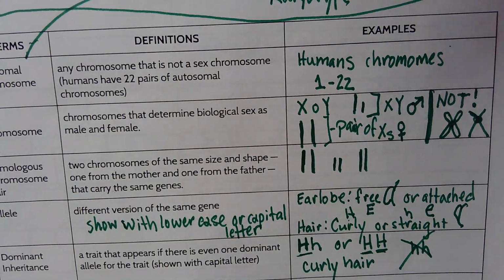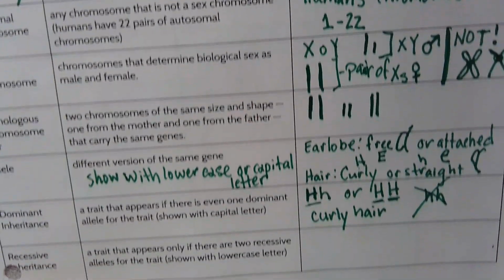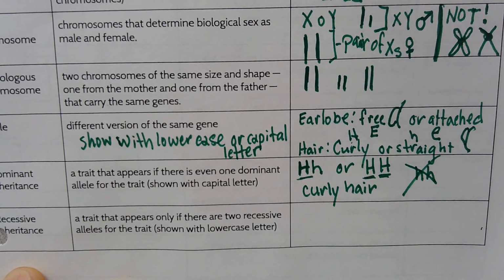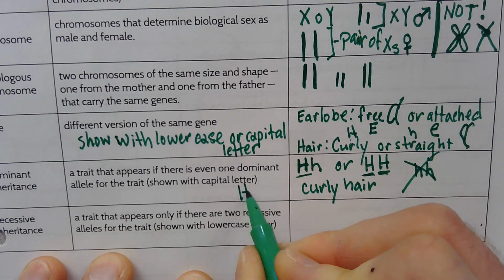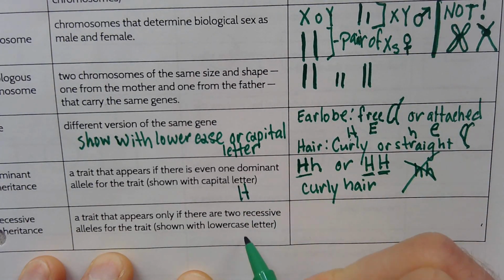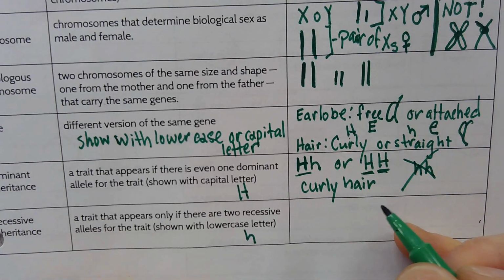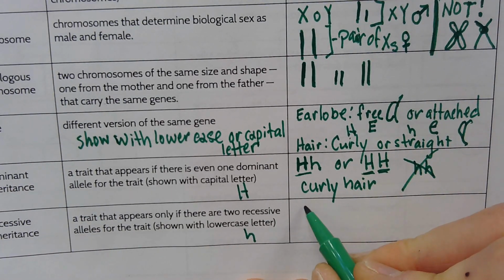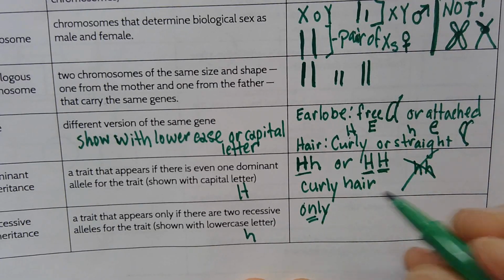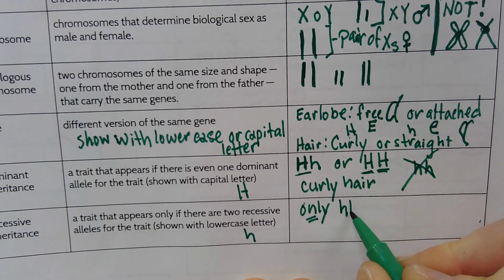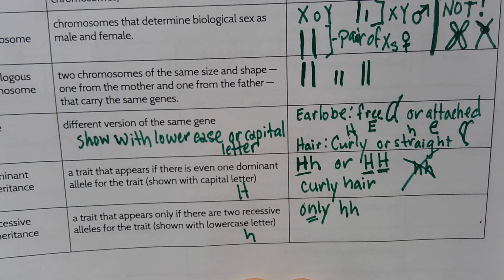All right, so recessive is kind of the opposite. It only appears if there are 2 recessive alleles. So this one was the capital H. This one's the lowercase h. And it only happens if there's the lowercase h, lowercase h, both lowercase.